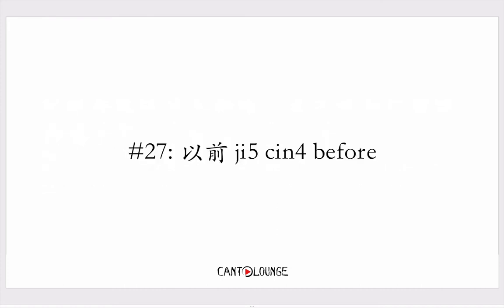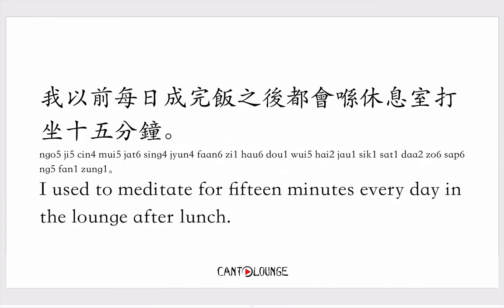Moving on, 以前. So this before is a different before than 之前. So this is where the notion of conjunctions comes in for this lesson. Again, I'm using this term very, very loosely here, so I hope you guys don't mind. So this 以前 refers to something that you used to do.